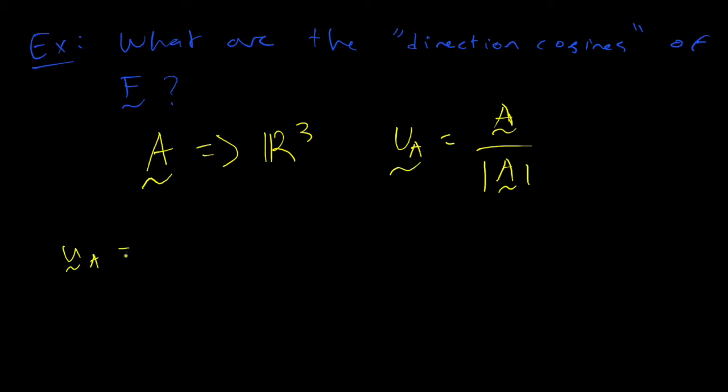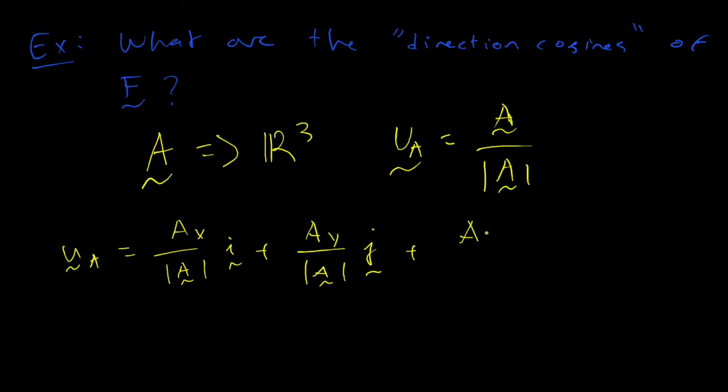So we can show the unit vector in the following form. The unit vector of A can be shown as the x component of A divided by its magnitude in the i direction, plus the y component of A divided by its magnitude times j hat, plus the z component over its magnitude and k hat.